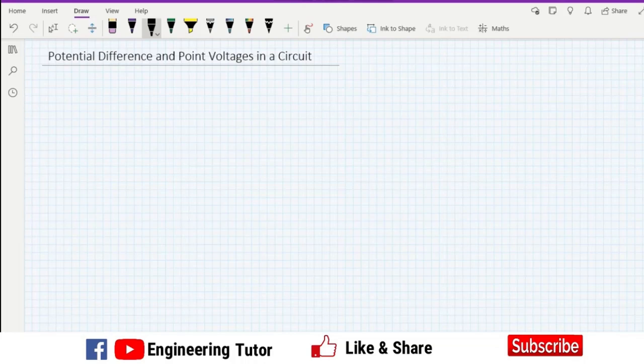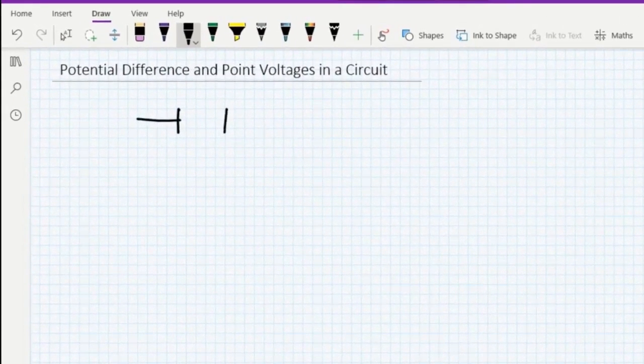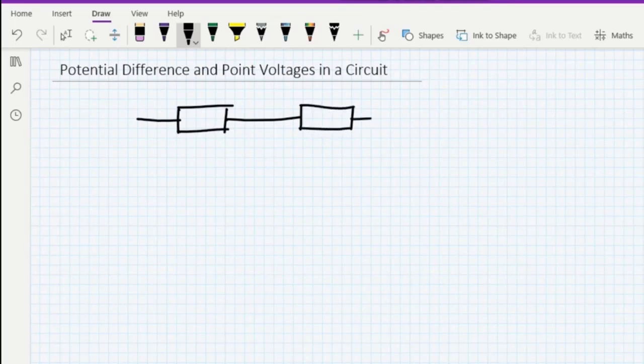So suppose you have to go through 3 shops. This is shop number 1, this is shop number 2, and let's say this is shop number 3.